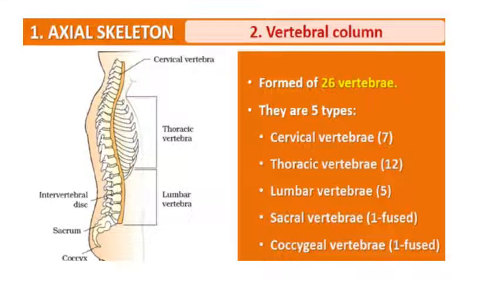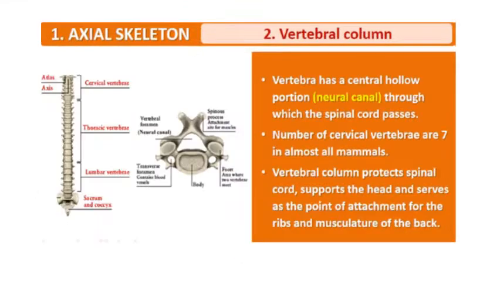The vertebral column is formed of 26 vertebrae. They are of 5 types: cervical vertebrae, which has 7 vertebrae, thoracic vertebrae, lumbar vertebrae, sacral vertebrae, and coccygeal vertebrae. The sacral one is fused, and the coccygeal one is also fused.